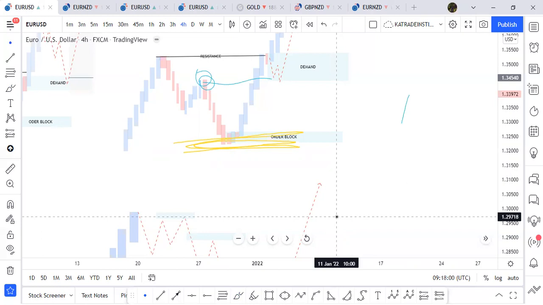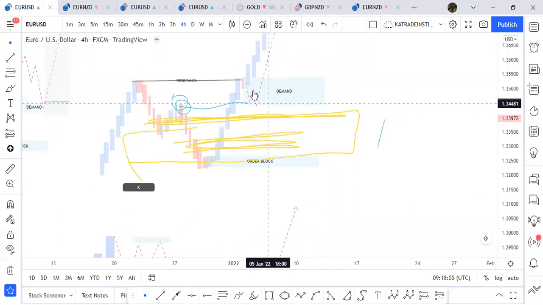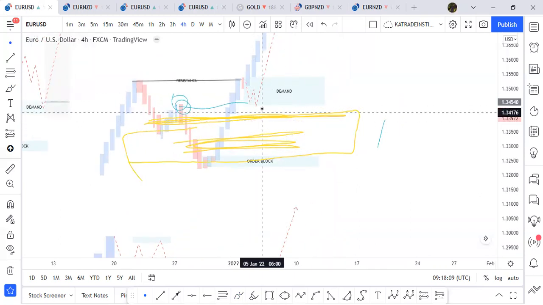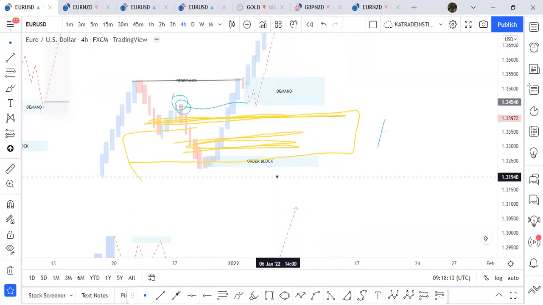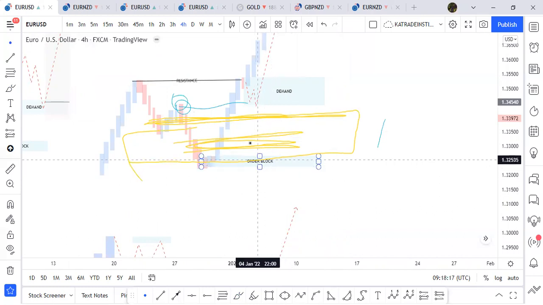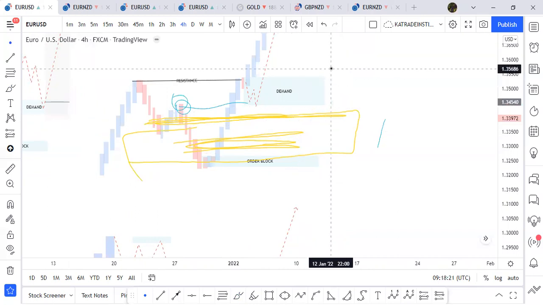The reason why we mark that zone is that when price breaks out from this area, the next point that price might reject to the upside is this area. I hope you are getting me. So when price comes back to this area and starts pushing to the upside, you won't be surprised, right?